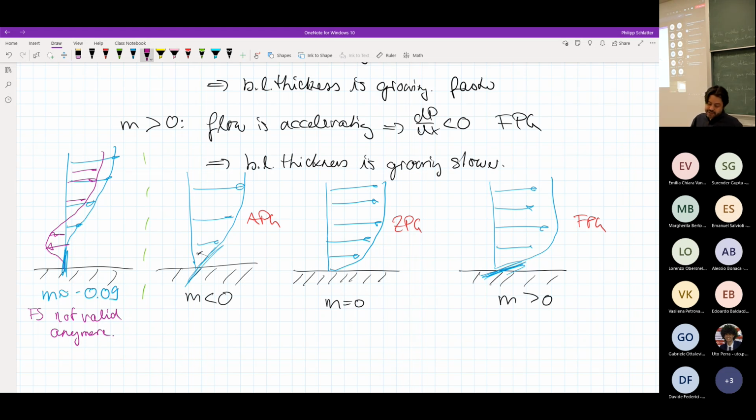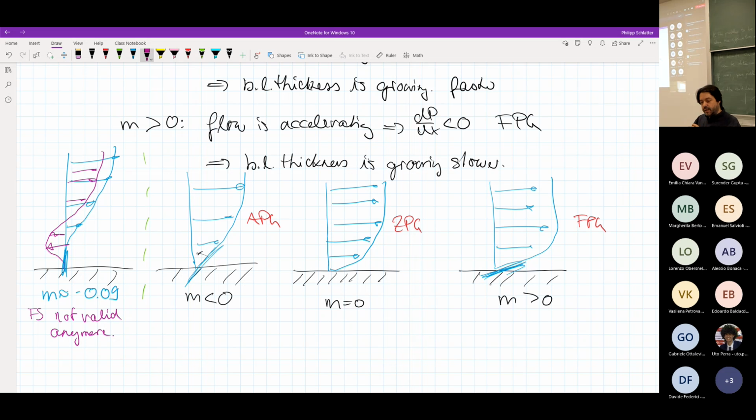And of course, it's also easy to understand, because in the limit of this one here, your skin friction locally is 0. So in the APG case, the tendency is that friction decreases, which also makes sense. That's a problem of separation. You don't have enough momentum close to the wall, and not having momentum close to the wall means that you don't have friction at all. So the typical ways of doing flow control to prevent separation is to energize the region close to the wall, to insert momentum.